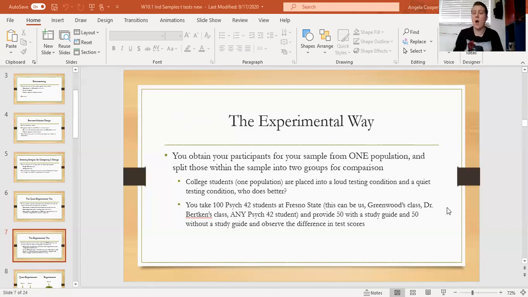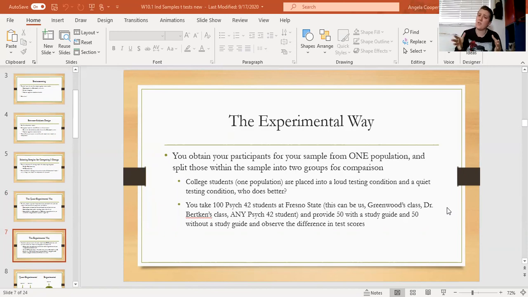So just like how, if I were to take your class, Monday, Wednesday or Tuesday, Thursday, and give you a study guide, and the other class I wouldn't give a study guide, that would not be an experimental way, because I have two separate populations, my Tuesday, Thursday and my Monday, Wednesday class. That would be a quasi-experimental way.